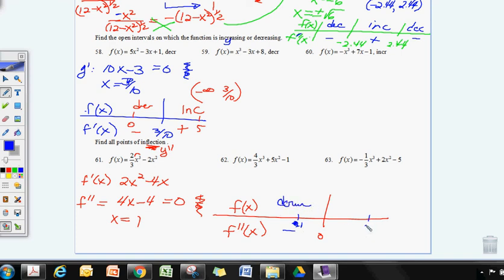When I look at positive 1, oh, I have to apologize. This is 1. When I look at positive 2, it gives me a positive number. This would be concave up. It asked, is this an inflection point? That's where it changes from concave up to concave down. Yes, x equals 1 is my inflection point. So, hopefully this helps.